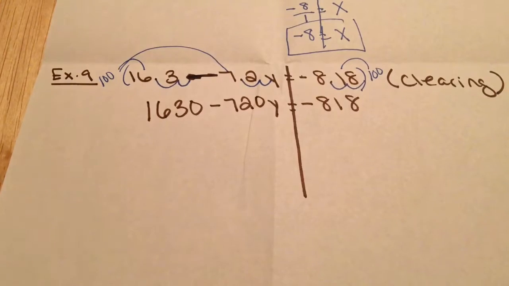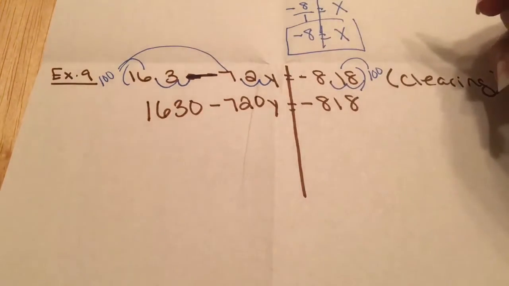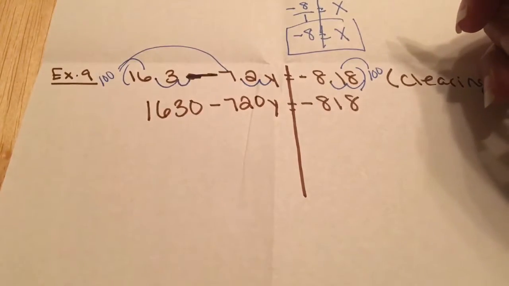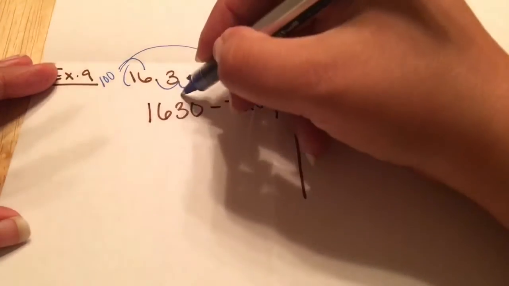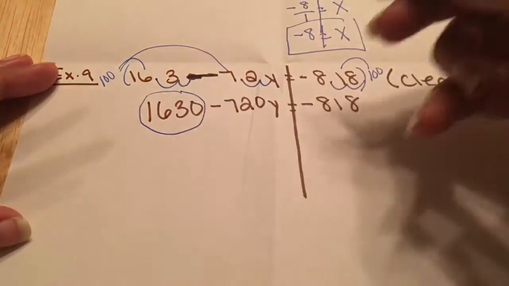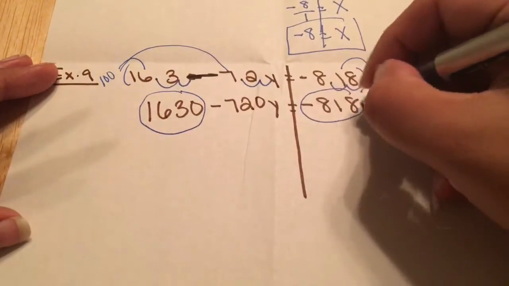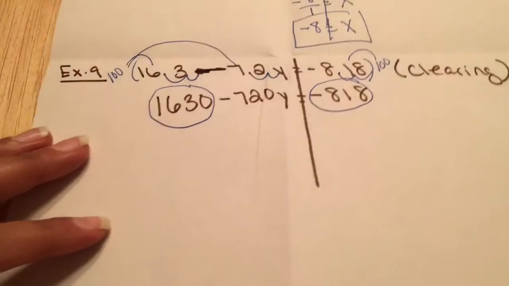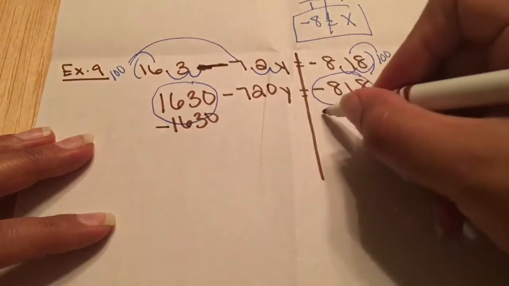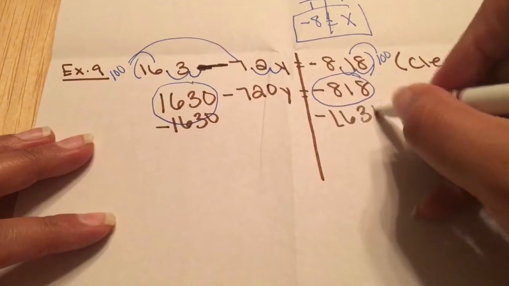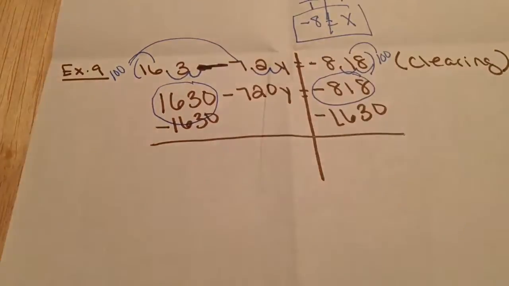Just like we've been doing, we don't see any more parentheses. We have no like terms to collect, so all we're going to do is get our like terms on one side. So our like terms here are this 1,630 and the negative 818. So what I'm going to do to get those on one side is subtract 1,630 from both sides.